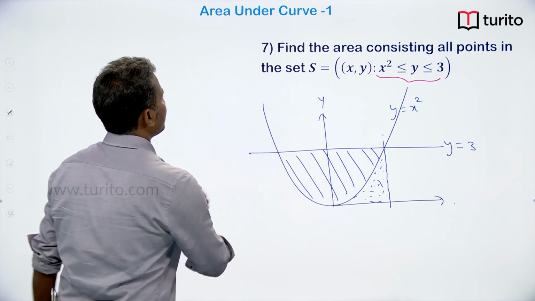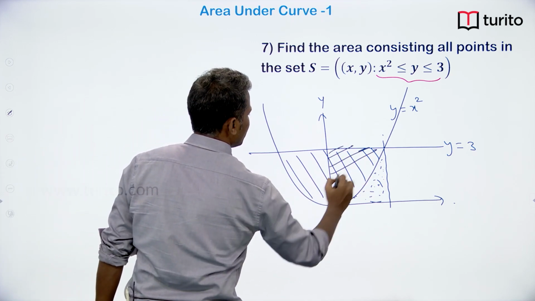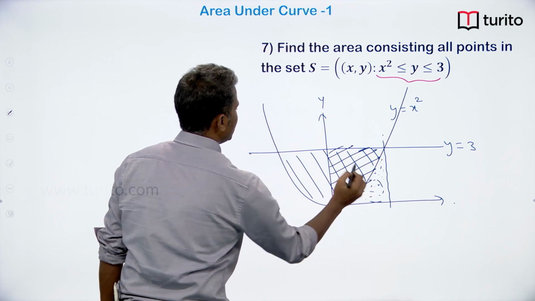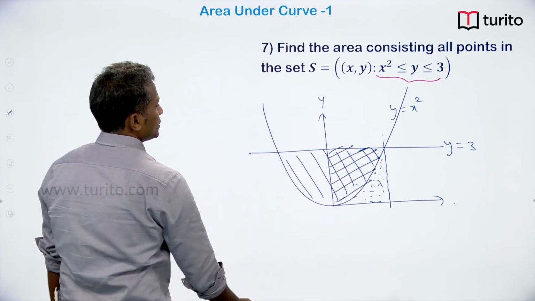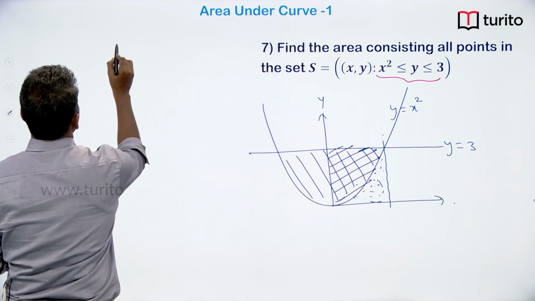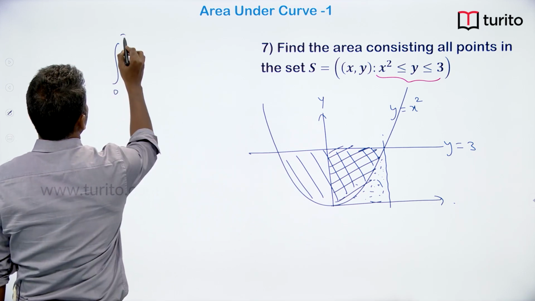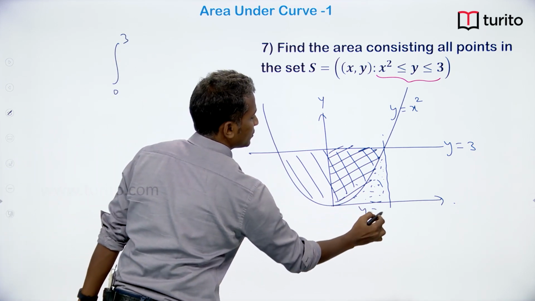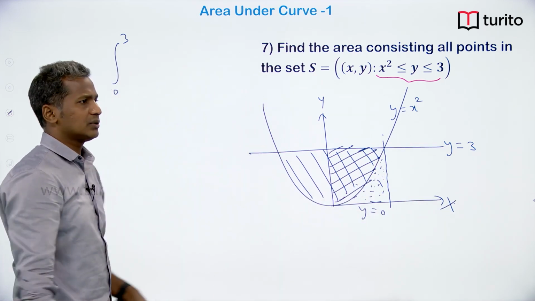Okay. So here I will first get this area and then I will multiply that with 2 to get the total area. Because the curve is on the right side of the y axis, I can straight away say that the limits go from 0 to 3, that means y equal to 0, the x axis, and the other limit is y equal to 3.